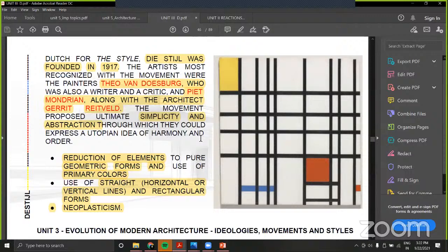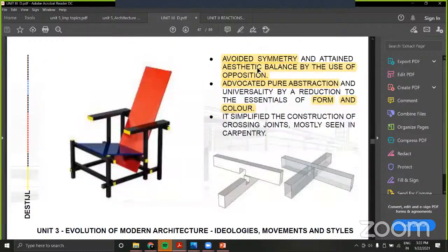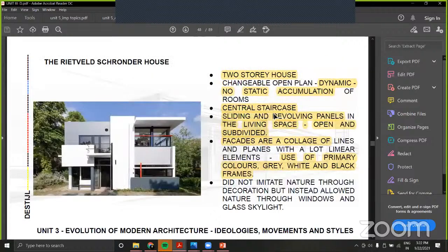That is reduction of elements to pure geometric forms and use of primary colors, use of straight lines, horizontal or vertical, and rectangular forms. Neoplasticism avoided symmetry, and attained aesthetic balance by the use of opposition, advocated pure abstraction and universality by reduction to the essentials of form and color. It simplified the construction of crossing joints mostly seen in carpentry.